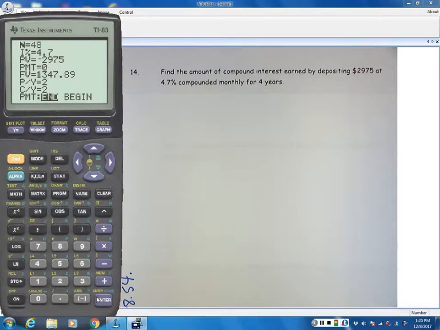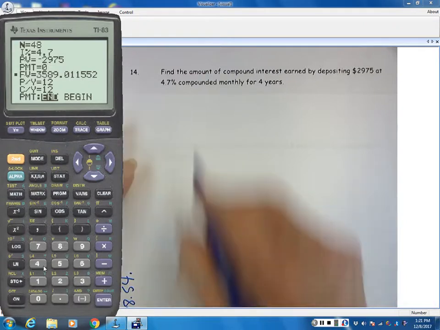Yes, I know you didn't like that one. And in order to find the amount of interest earned, we're going to have to find the future value. So we're going to solve for the future value. And compounded monthly is going to be 12 for C/Y and P/Y. So there's our one-time deposit, and we need the future value. So the future value is $3,589.01.